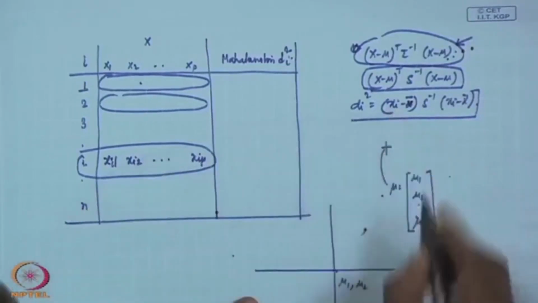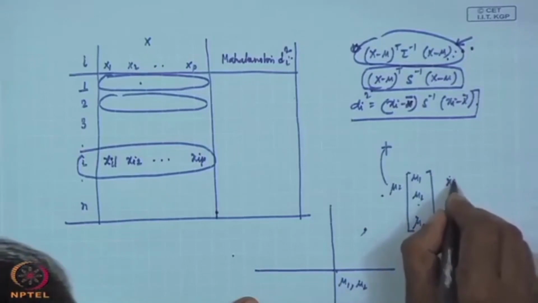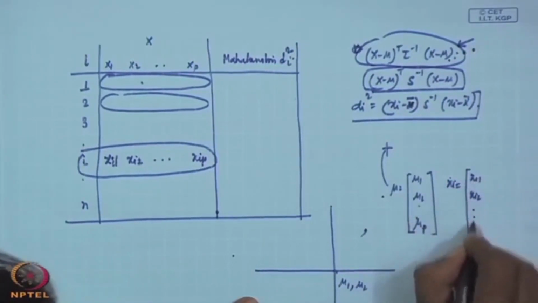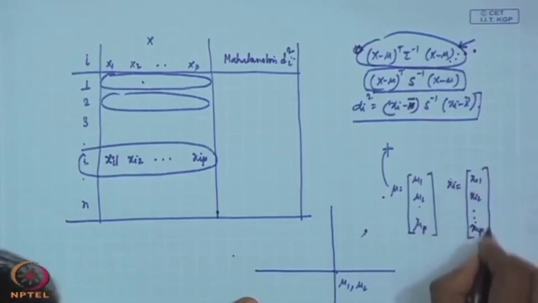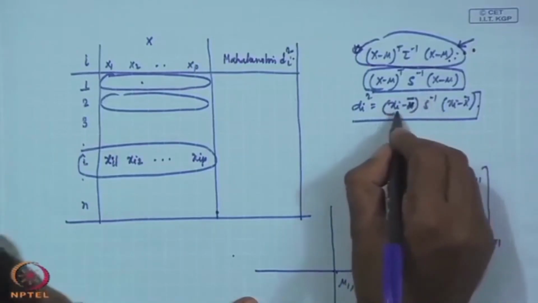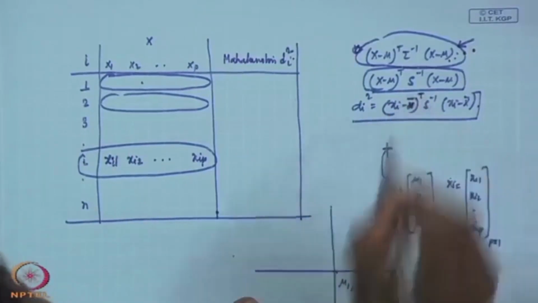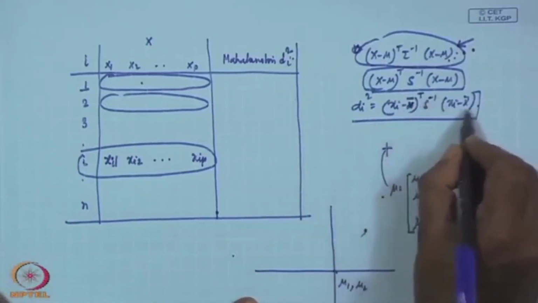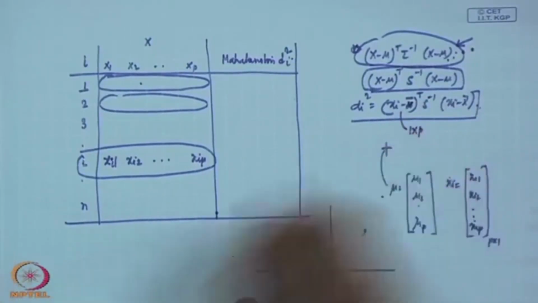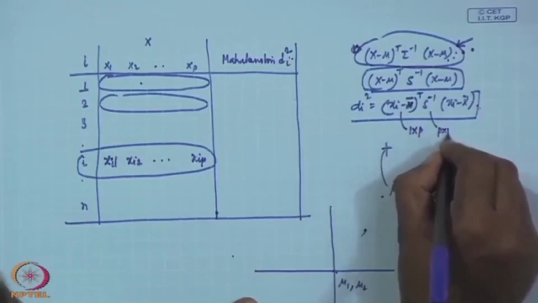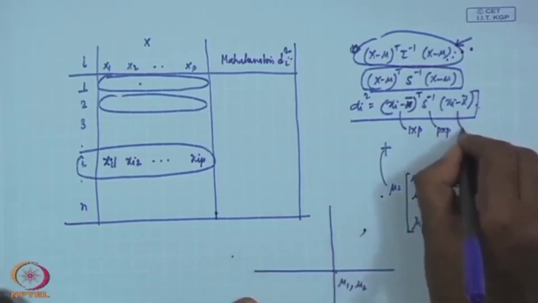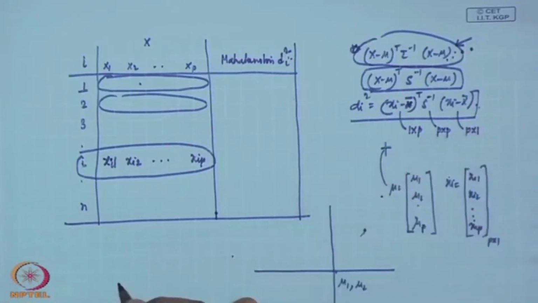Okay. Now, x_i is what? x_i is x_i1, x_i2, ..., x_ip, p × 1. So, (x_i − x̄)ᵀ S⁻¹ (x_i − x̄), what will happen? This is 1 × p, S inverse will be p × p, and this one will be p × 1.